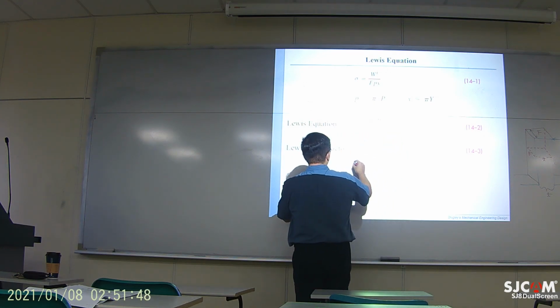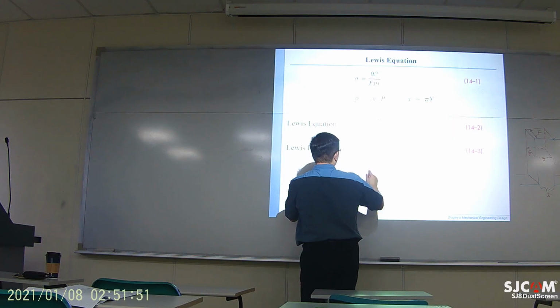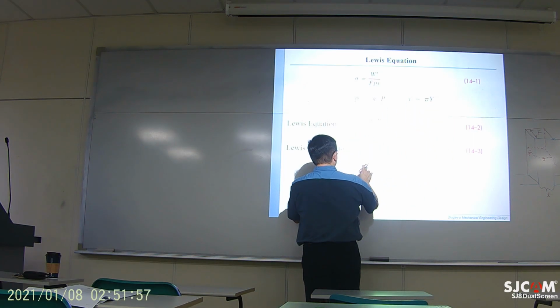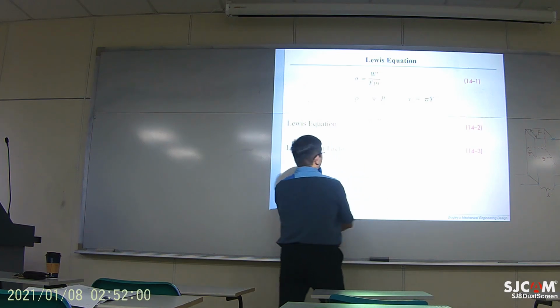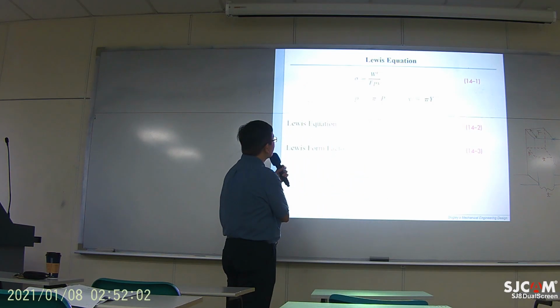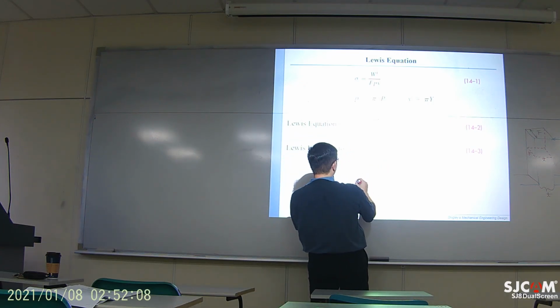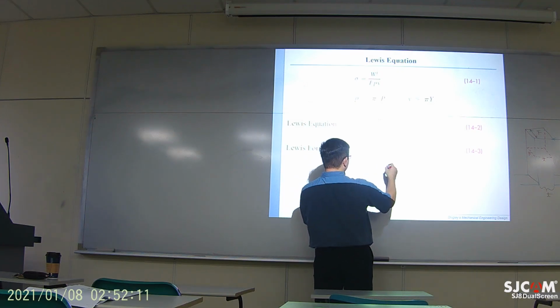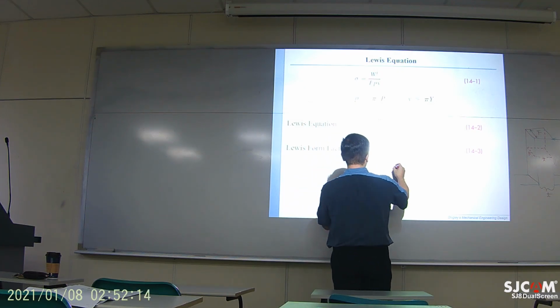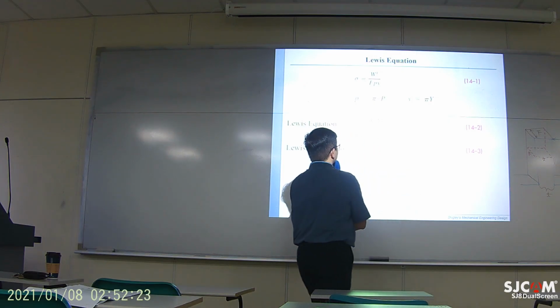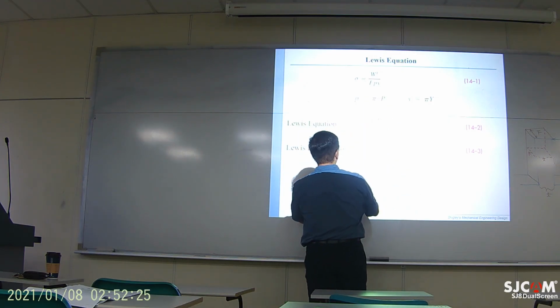Here, Y is 2x. Oh no, it's actually wrong. Small y is 2x over 3 small p. So you can then get small p equals 3y over 2x, and you can now plug into the pi equation right there.